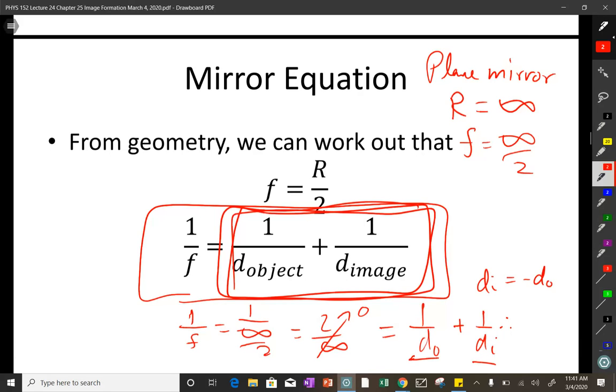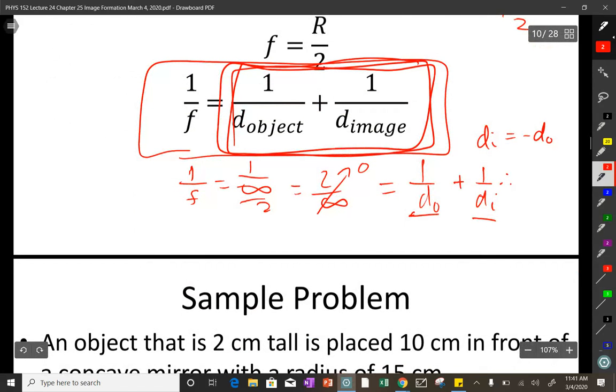So just plugging that in, because there seems to be some confusion. What we had here was 0 equals 1 over distance image plus 1 over distance object. If I was solving that for distance image, I would first move them across. I'd have 1 over distance image equals minus 1 over distance object.